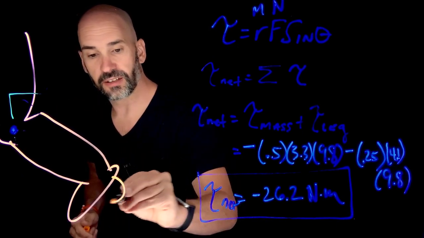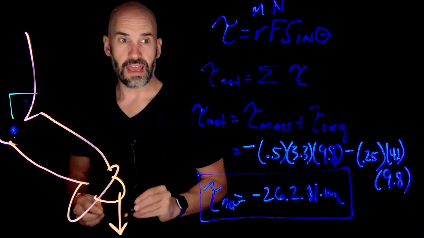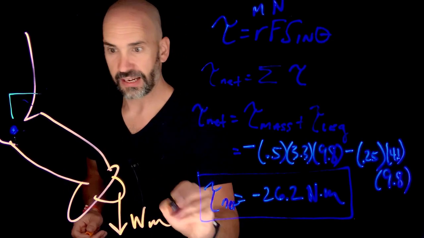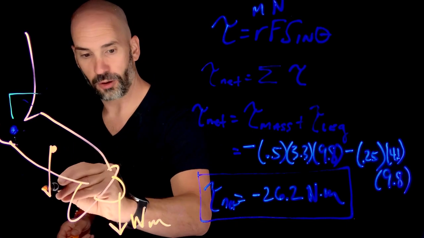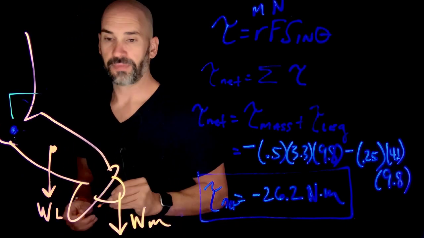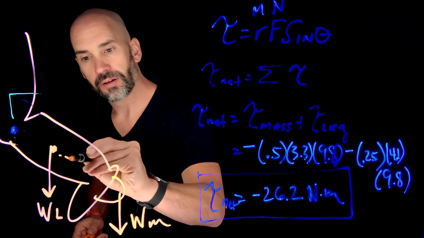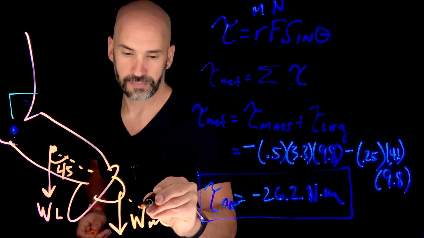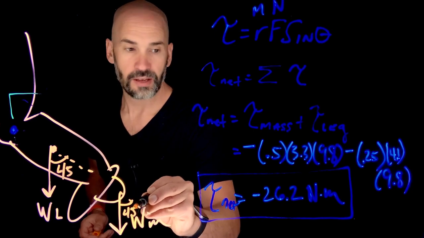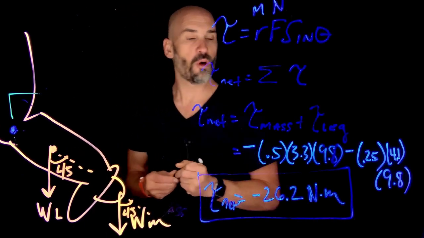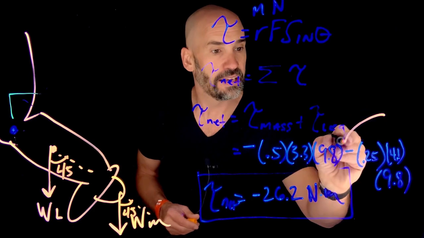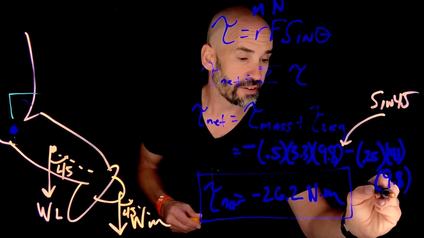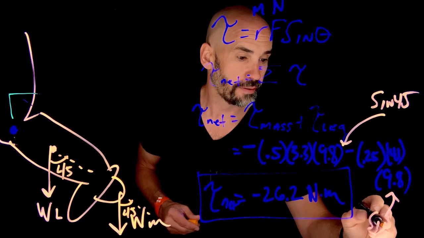And you still are going to have a weight due to the mass, and then you're still going to have a weight due to the leg, right? Except now the sine is going to be 45 degrees for both of these. So you solve the problem the exact same way, except this guy now gets a sine of 45. This guy here gets a sine of 45.